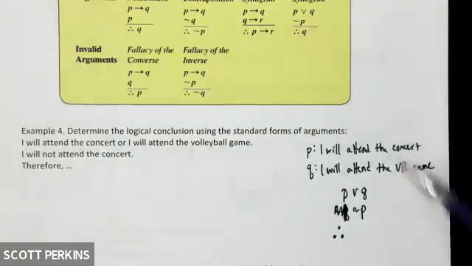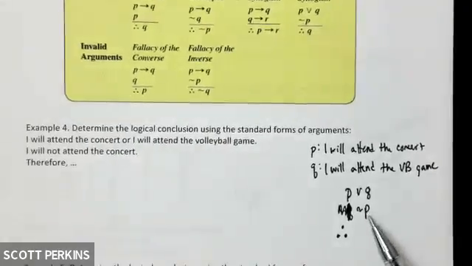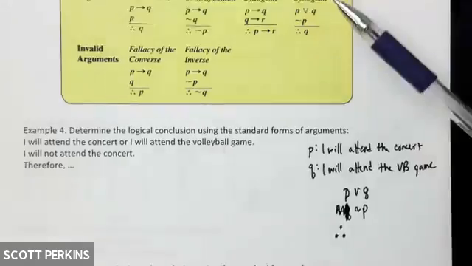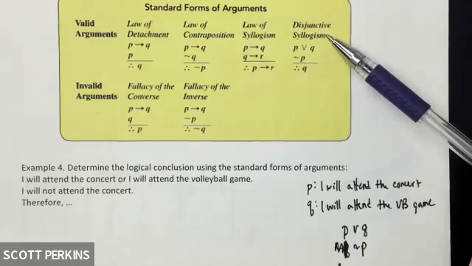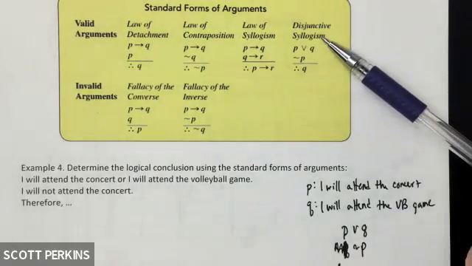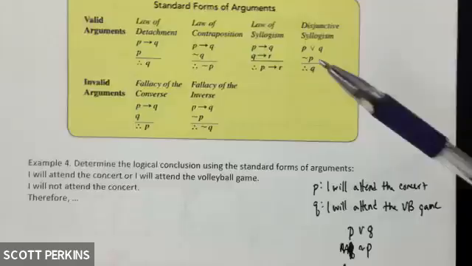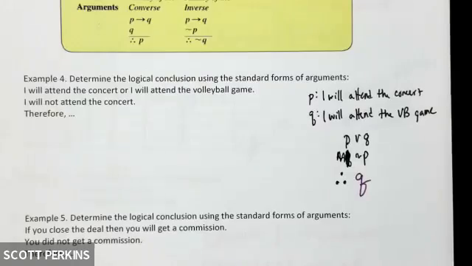Okay, so let's compare what we have so far. Which one of the valid arguments is this patterned after? Yeah, the disjunctive syllogism. So that's quite the mouthful to say. And so this says when you have the disjunctive syllogism, the proper conclusion is going to be Q. So what I'm going to do is put a Q right here. And then I'm going to go back over to the other side and fill in the answer.